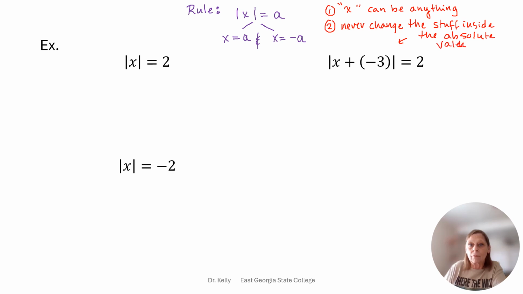And the third thing I want to point out, not that it's going to make any difference with the problems that you're going to be solving in this class, but I would be remiss not to say it, is that to apply the rule the absolute value must be isolated, which means it has to be the only thing on that side of the equation.